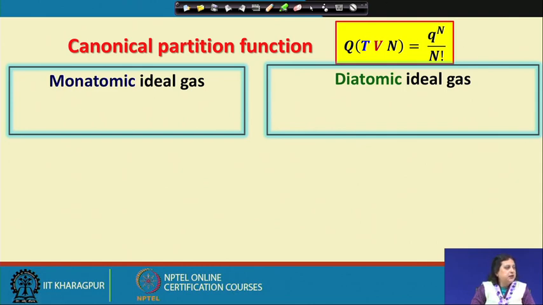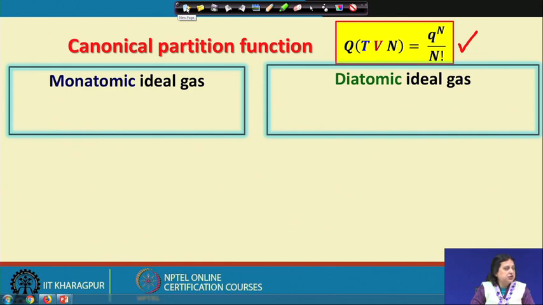And the canonical partition function is defined like this: for the total n number of particles which are present in the system, which are identical to each other and which are not interacting with each other.